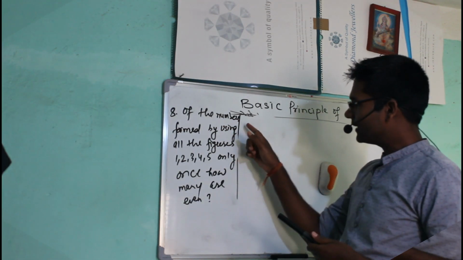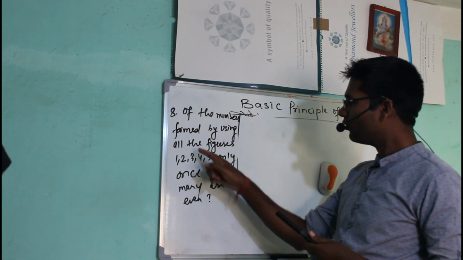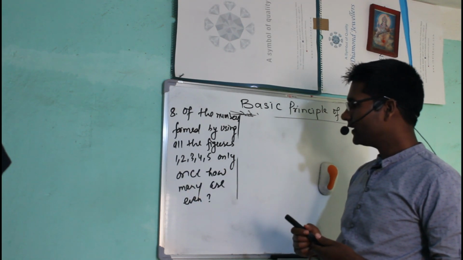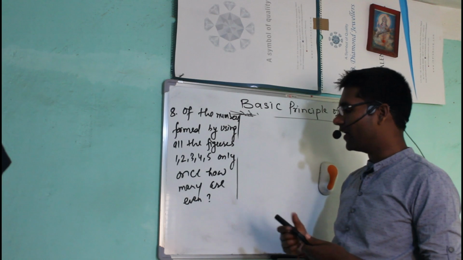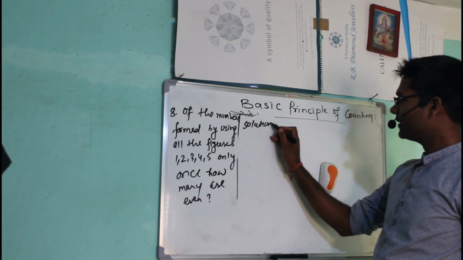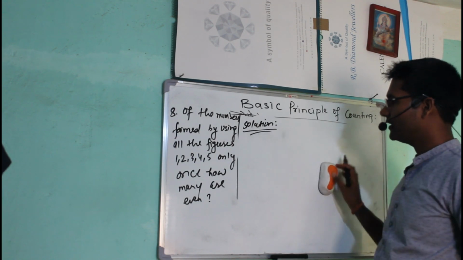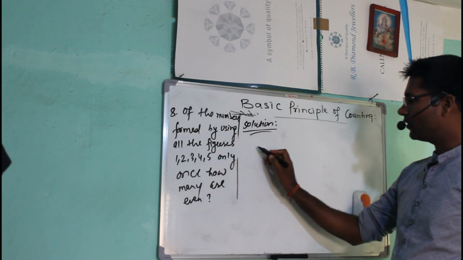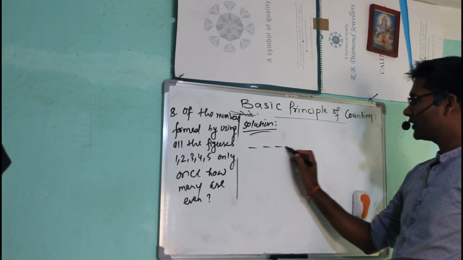Of the numbers formed by using all the figures 1, 2, 3, 4 and 5 only once, how many are even? Okay, so let me solve this. We are trying to form a 5-digit number, and we are allowed to use all the 5 numbers 1, 2, 3, 4, 5.